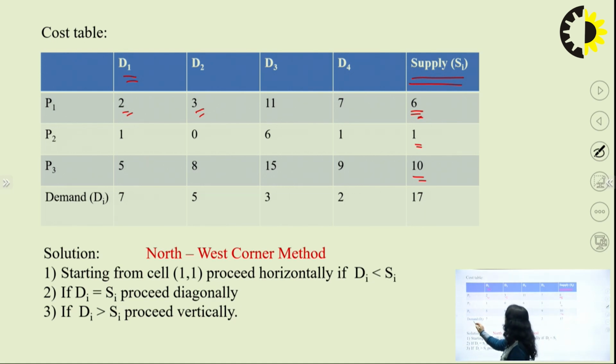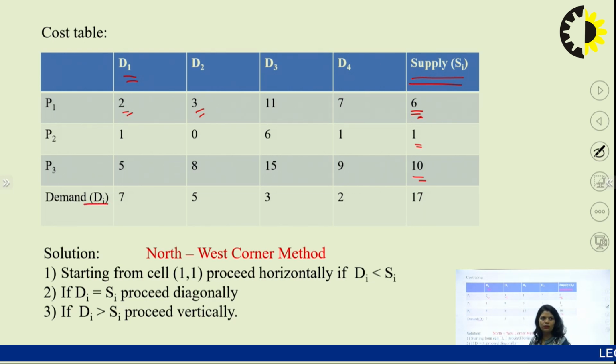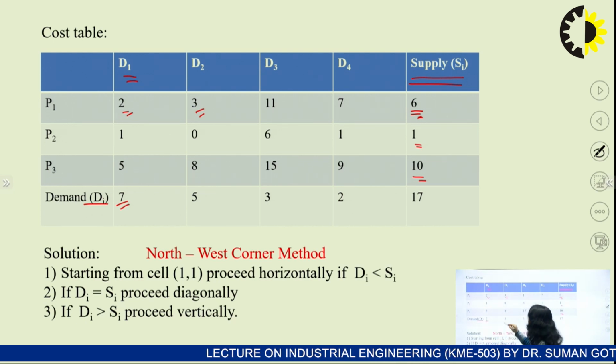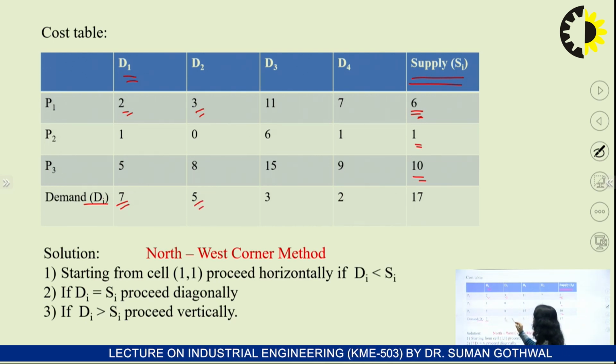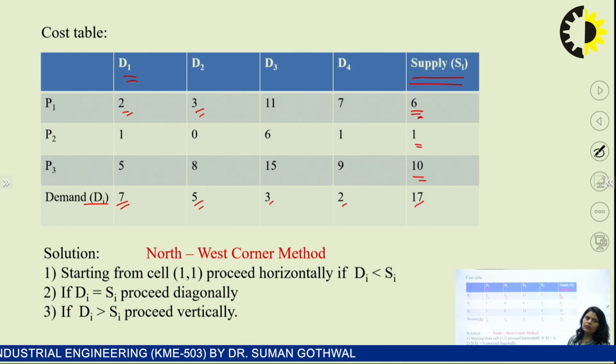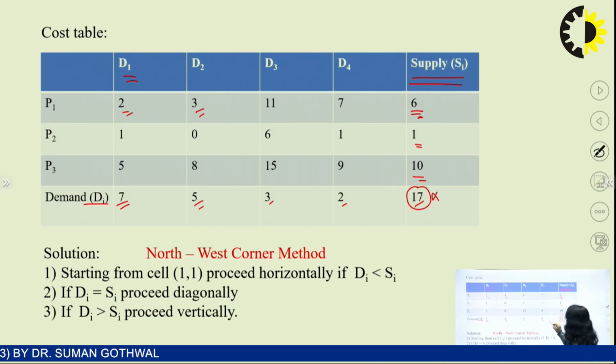Now here the demands or the requirements of the distribution centers are given. So we can see that D1 has the demand of 7 million liter, D2 has 5, then 3, 2 and the total 17. This is given to us for D4.